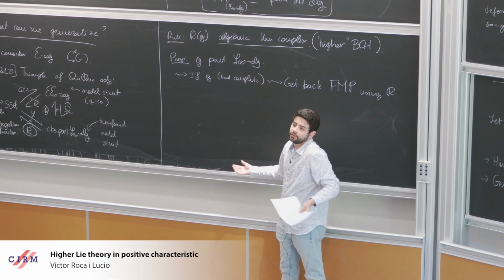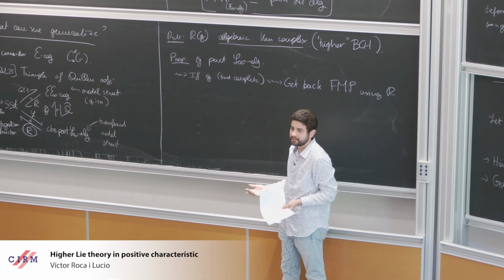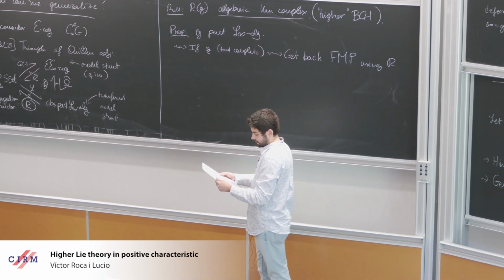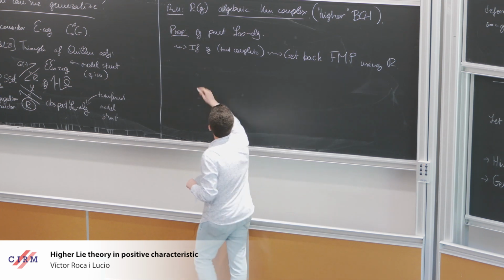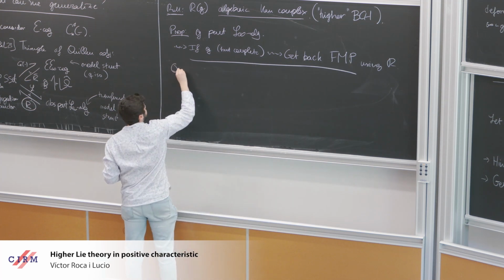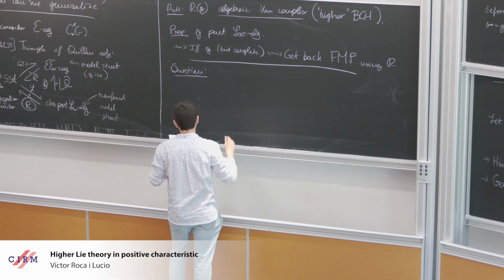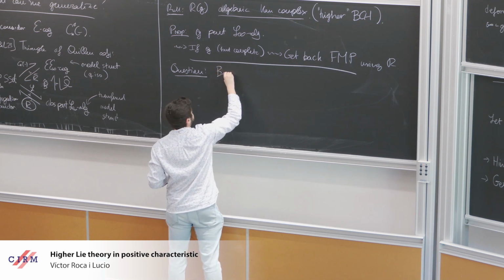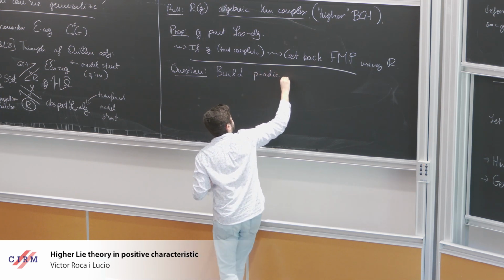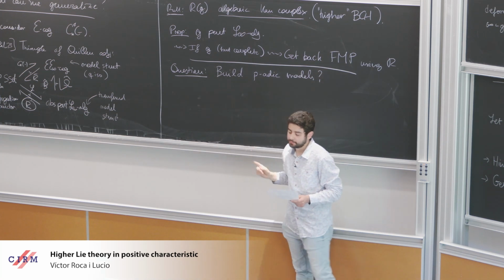It's not that surprising either, because integration procedures in some sense are always defined with some nilpotency conditions. Okay, so now I want to address the following question: can we build p-adic models using these algebras?